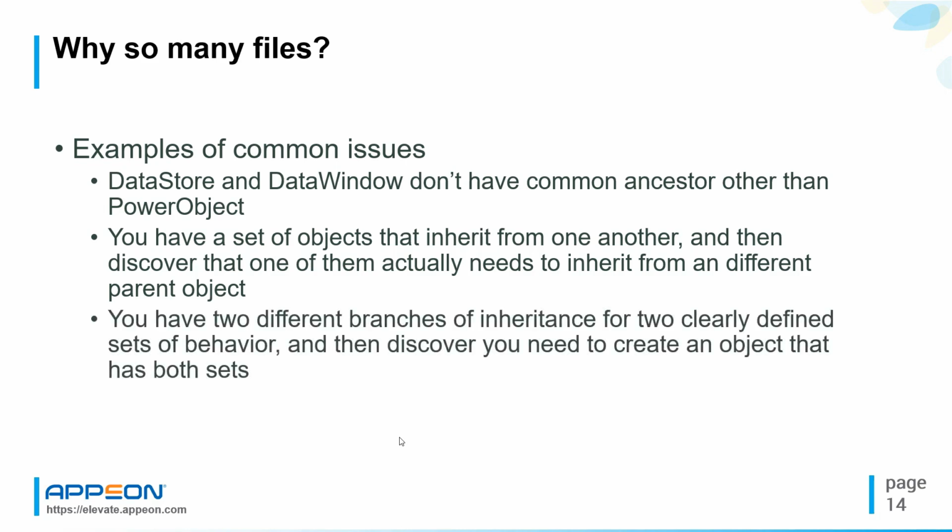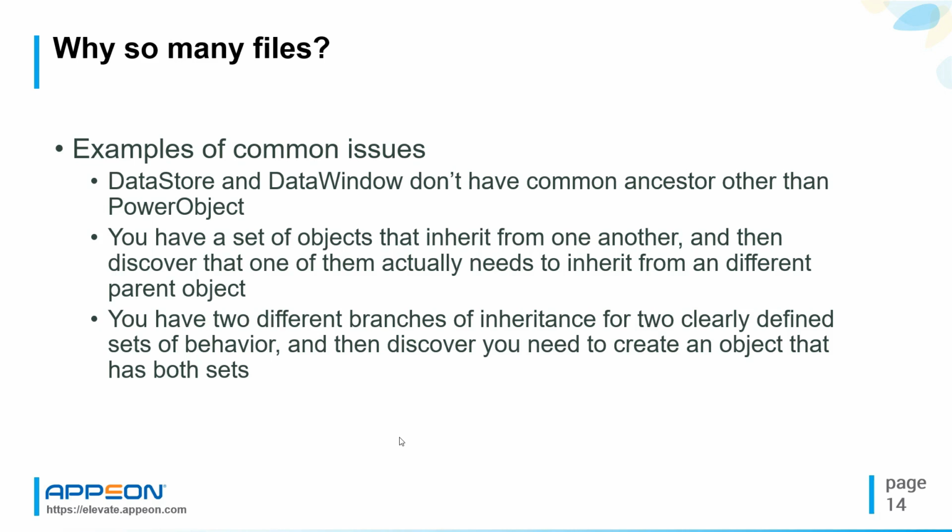Or you have, let's say, an object A, and then you inherit from that an object B, which has its own special behaviors as well. You inherit an object C from A, and it has its own special behaviors. And then you realize later that I have an object D, and what object D needs to do is what object B does and what object C does.